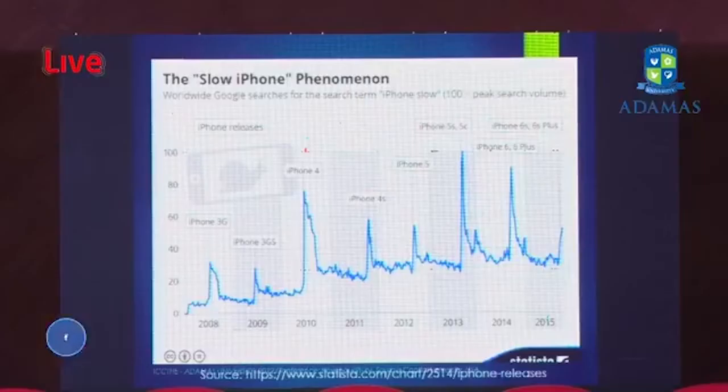And what was it? It was actually the time before the next iPhone was released. So for some reason, when there was an impending iPhone coming out, people searched if their current iPhones were slow. This has been used for many other things, not just iPhones, but for autos, cars, consumer trends, and stuff like that.